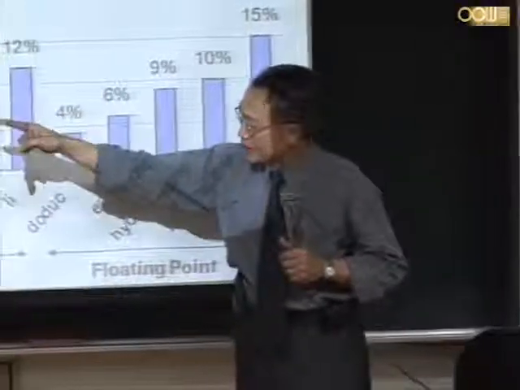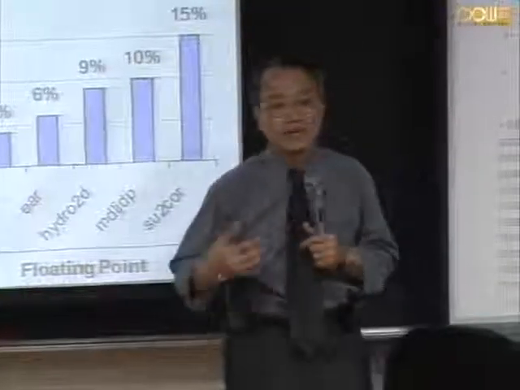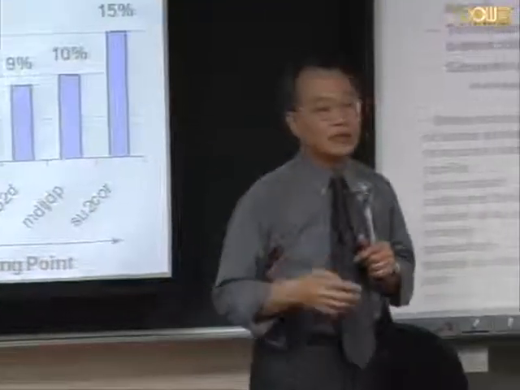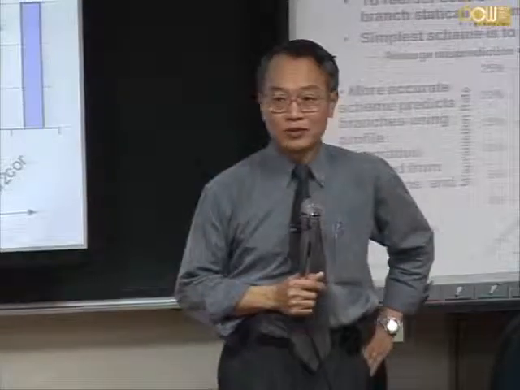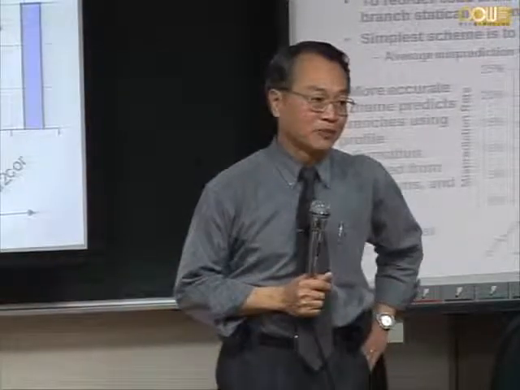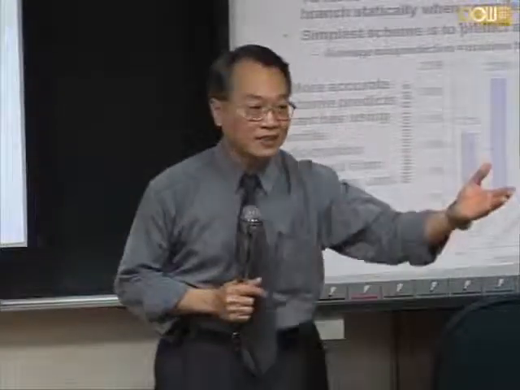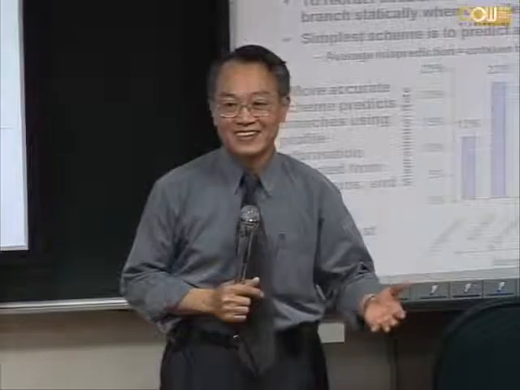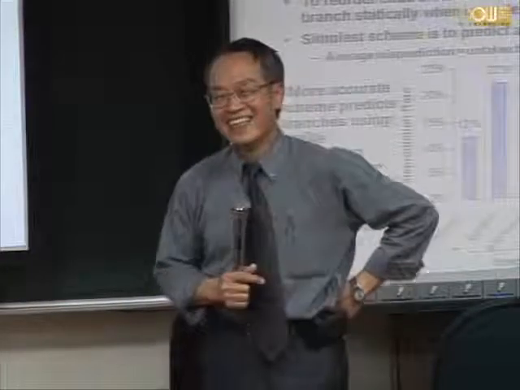Now tell me, is this method done by the compiler or by hardware? You need to be able to at least make this judgment. Hardware? Anything else? The answer is it can be both.